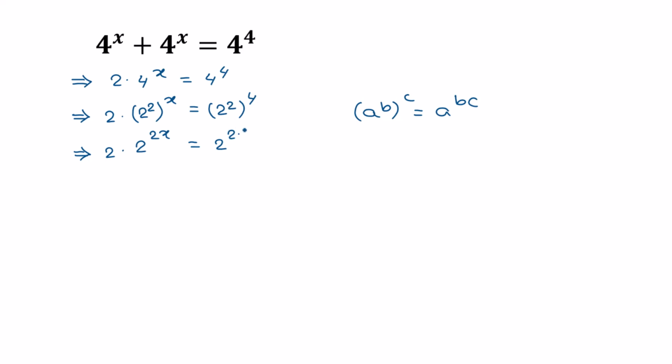So 2 times 4, this 2 is 2 to the power of 1, times 2 to the power of twice x is equal to, right side, 2 to the power of 2 times 4, this is 8.